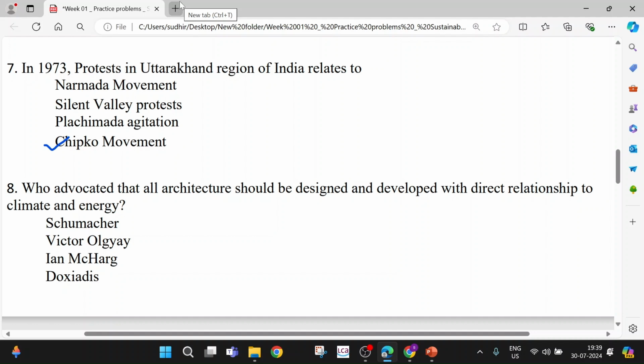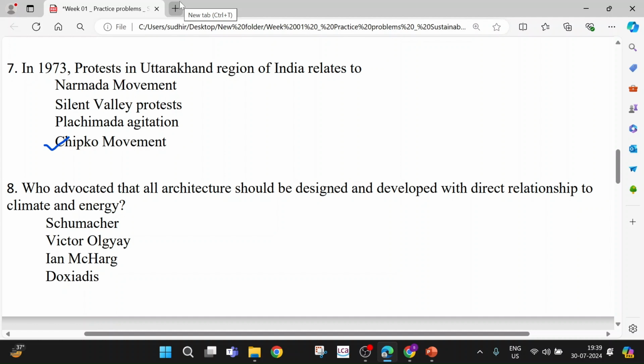And if you can recall, then you would know that Victor Olgyay was an architect and urban planner who emphasized the importance of designing architecture in harmony with climate and energy considerations. So based on that, you can see who has focused on climate and energy considerations.